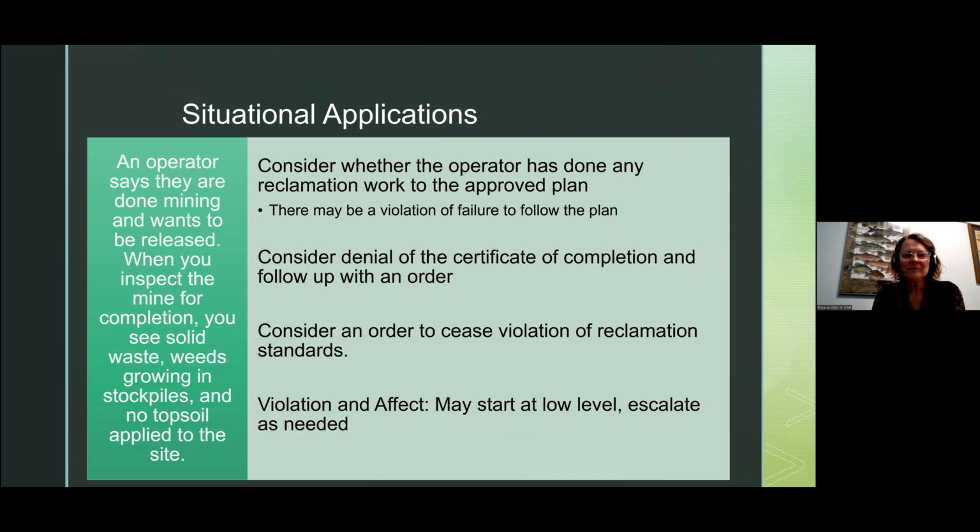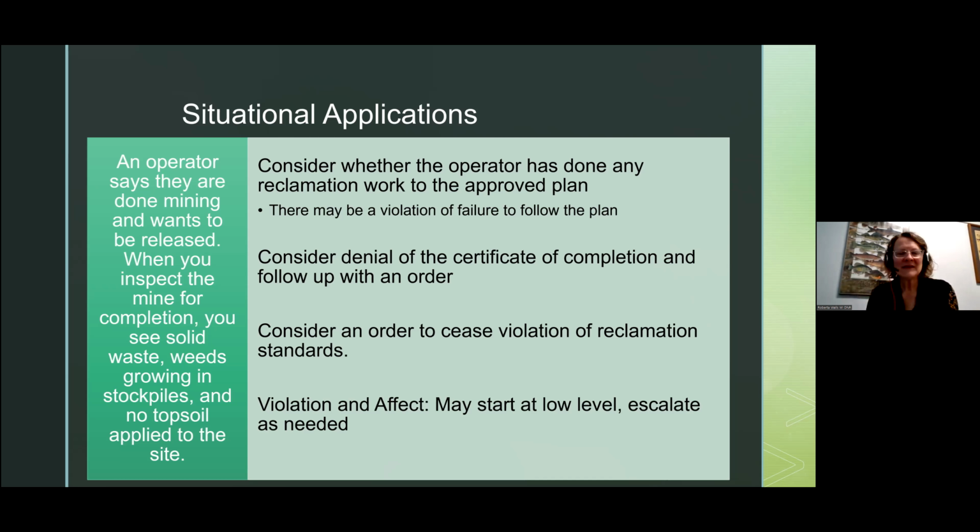Okay. You also probably want to consider whether or not you have other violations, such as cease violating the standards, which requires solid waste to be removed. Other standards such as topsoil redistribution, maybe that revegetation plan, okay, failure to follow the plan. We're getting back to that.